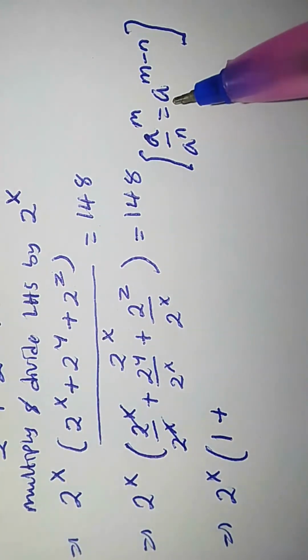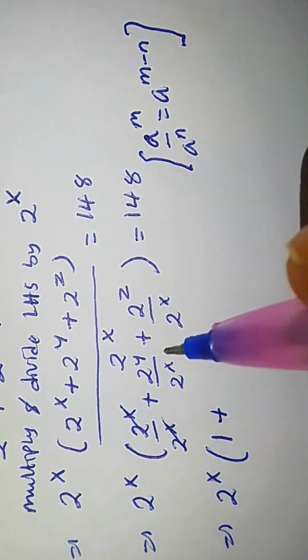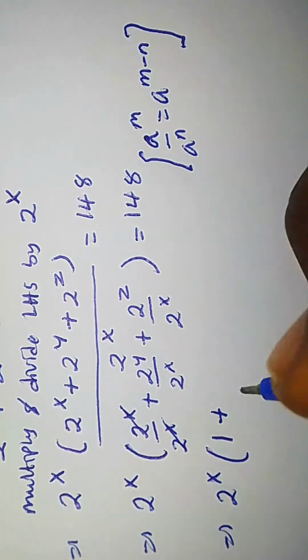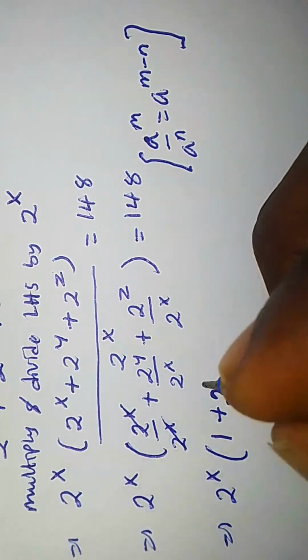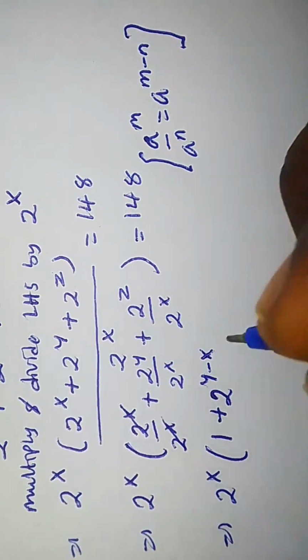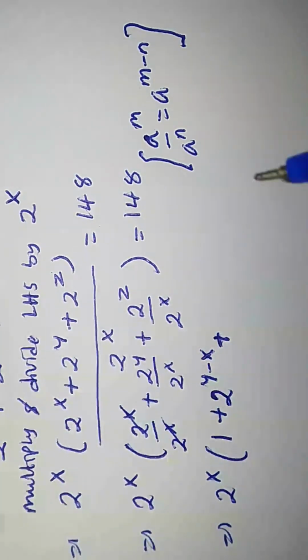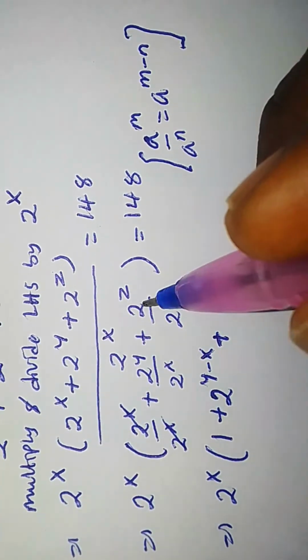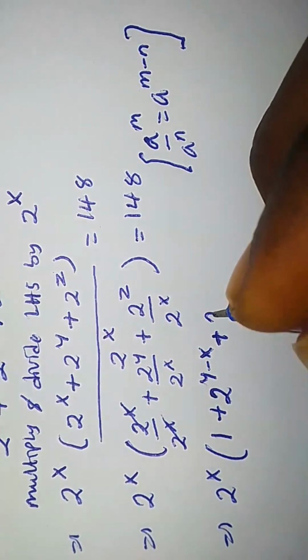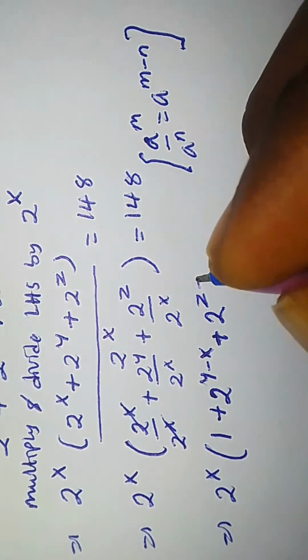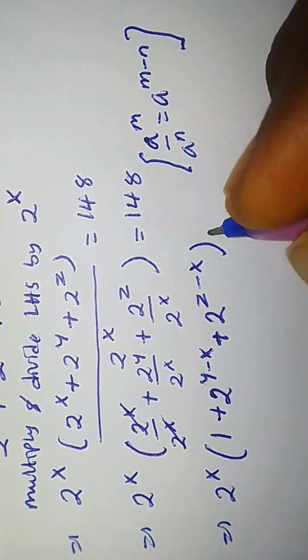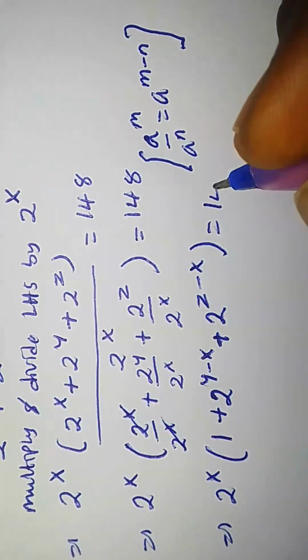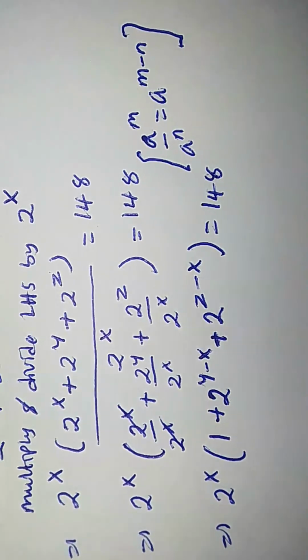If we now use this identity on this term, we simply have 2^(y-x) plus. Using this identity on this also, we simply have 2^(z-x) equal to 148. Let's continue.